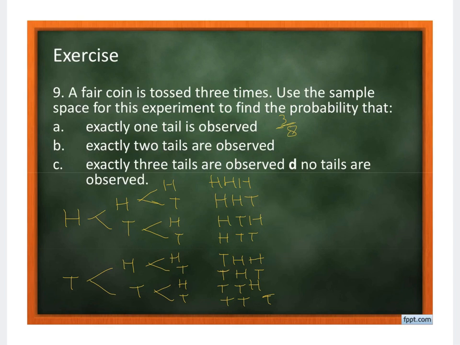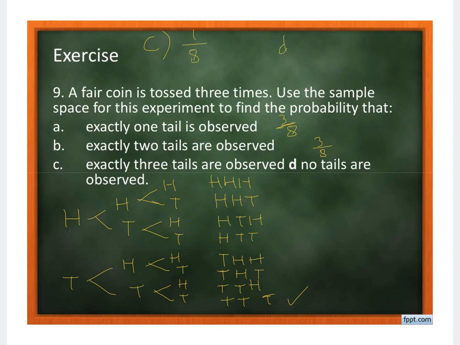2 tail observed, so 1, 2, 3, also 3 over 8. For letter C, 3 tail observed, only 1, so 1 over 8.